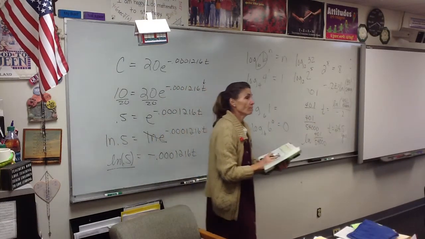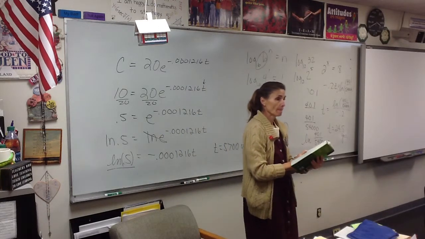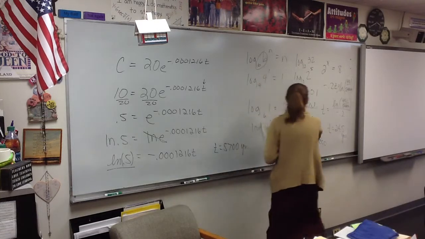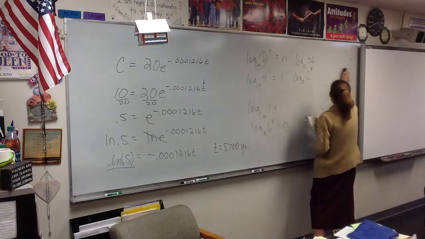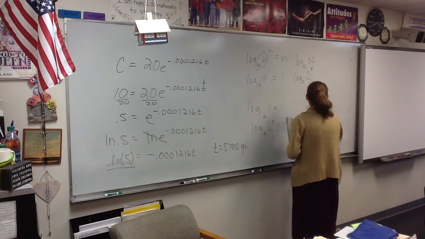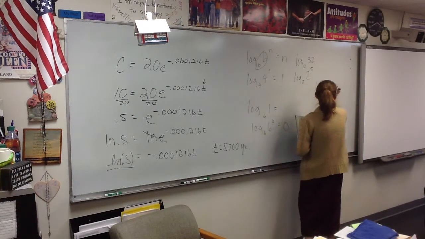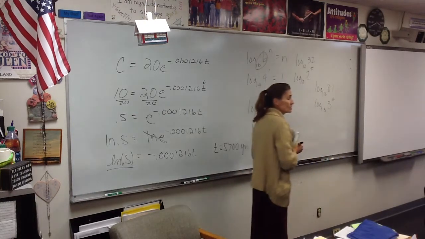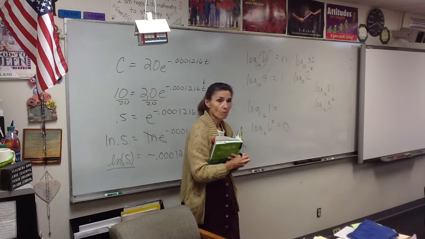How about number 4? 4. Why is it 4? Because 81 is 3 to the 4th. So we have the log base 3 of 81. 81 is 3 to the 4th. So the answer is 4.